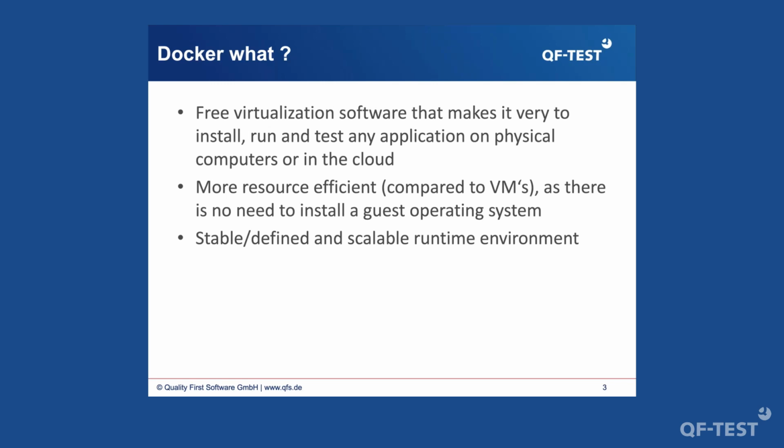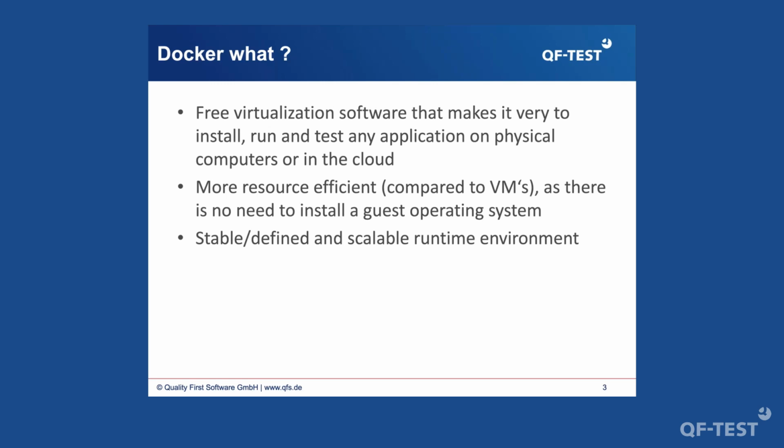I also have the whole guest operating system around it. With a Docker image, it's basically just the services or the necessary libraries I need, for example, to have my QF-test running or my application running. So the image size is way smaller, and the maintenance effort is not that large compared to normal virtual machines.